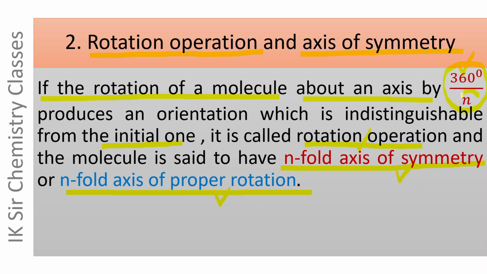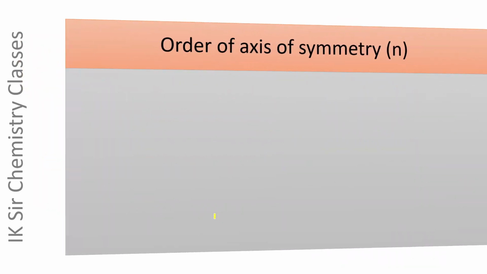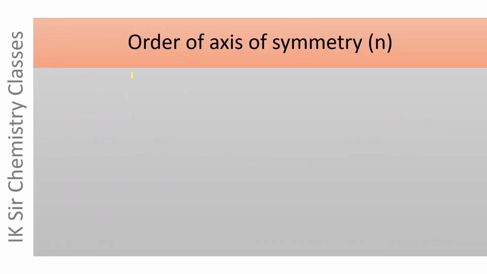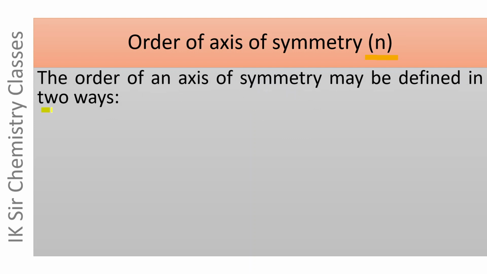The general symbol for the axis of proper rotation is Cn, where the subscript n denotes the order of the axis. n is the order of axis. And order of axis of symmetry, which is denoted by n, can be defined in two ways.